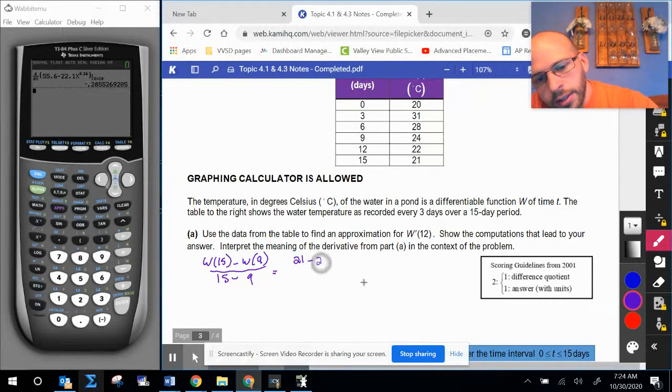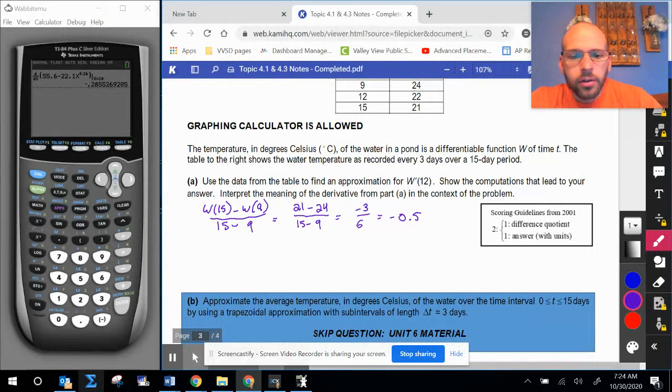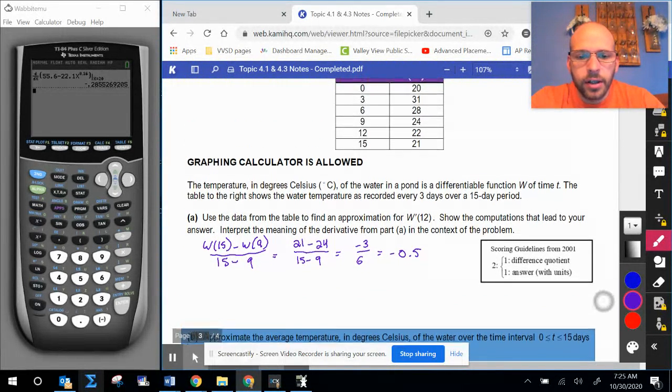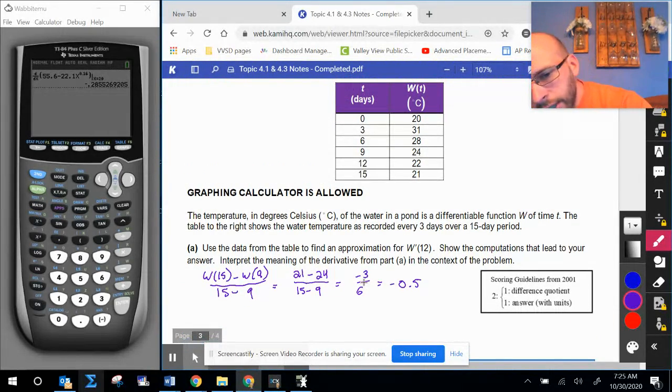W of 9 is going to be 24, all over 15 minus 9. So I get negative 3 over 6, or in this case, negative 0.5. Okay. Now, we need to show computation and we need to interpret the meaning here. All right. So this is going to be a change in temperature, so degrees Celsius per day.